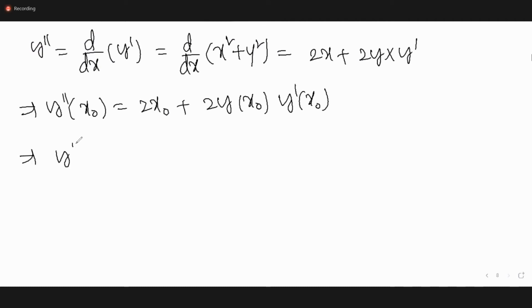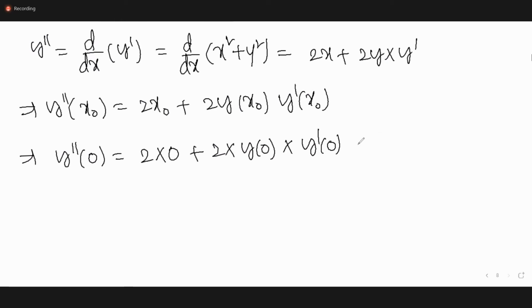So y double dash of 0 is equal to 2 into 0 plus 2 times of 0 into 0. So y double dash of 0 is equal to 0.